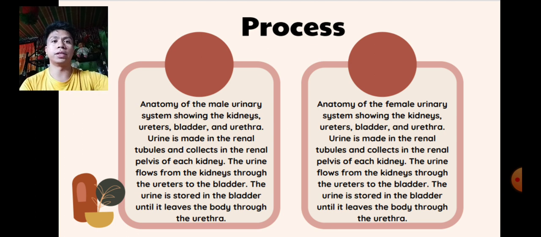And then the process. The anatomy of the male urinary system shows the kidneys, ureters, bladder, and urethra. Urine is made in the renal tubules and collects in the renal pelvis of each kidney. The urine flows from the kidney through the ureters to the bladder, where it is stored until it leaves the body through the urethra. It is the same process in the female urinary system.